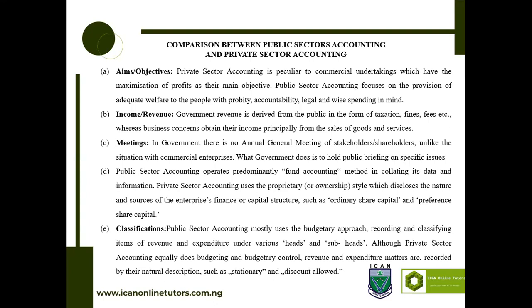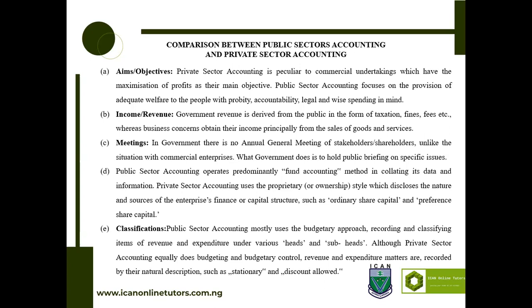Private sector accounting is peculiar to commercial undertakings which have the maximization of profit as their main objective. How are they able to meet this objective? By increasing their revenue base and minimizing their costs, cutting costs, reducing expenditure.